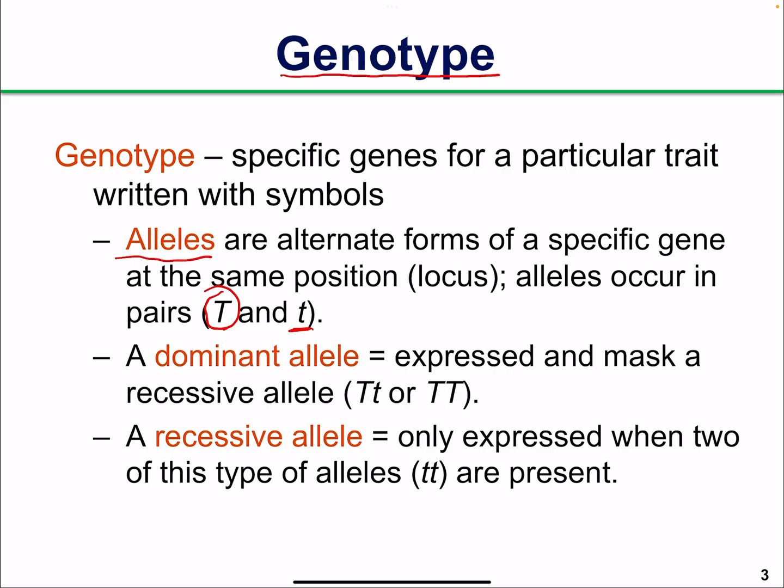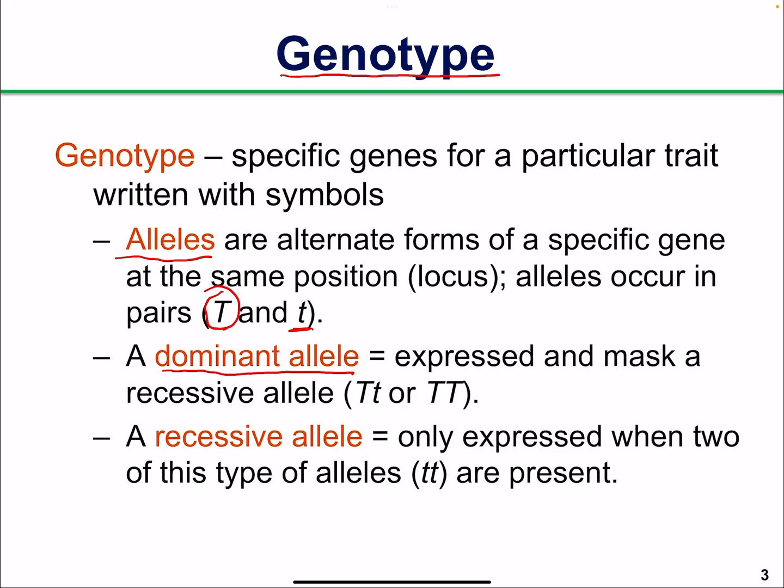Now, what do we call dominant allele? A dominant allele is an allele that is going to be expressed systematically. Whether the recessive allele is there or not, it is going to be expressed. In fact, when a dominant allele expresses, it is masking the recessive allele when that recessive allele is present.